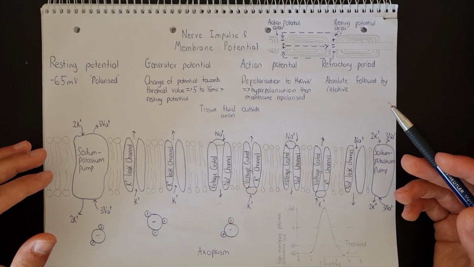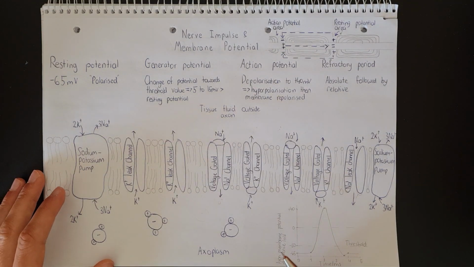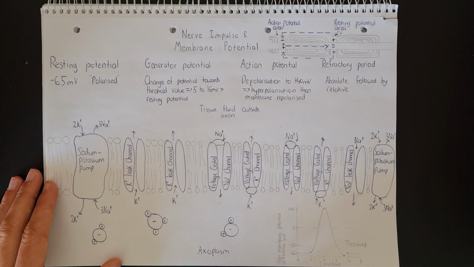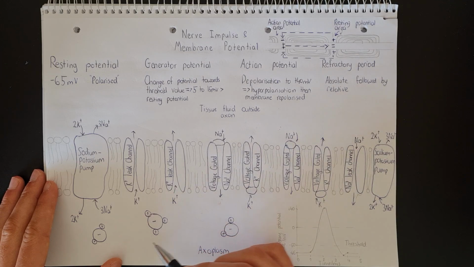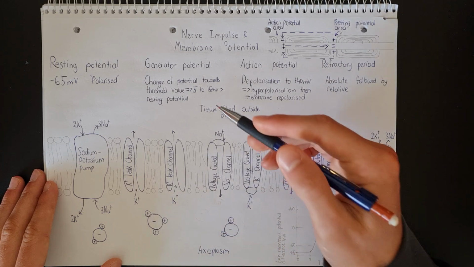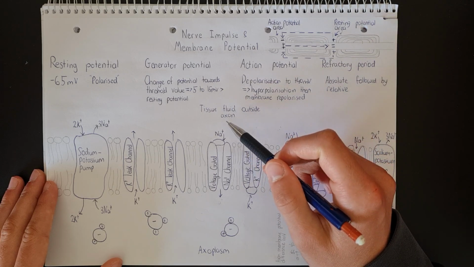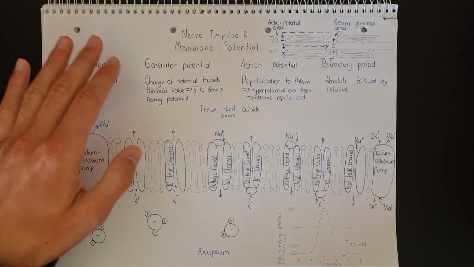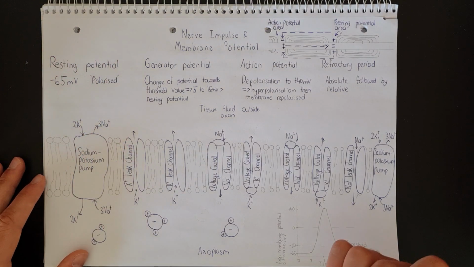We'll use the hypothetical situation where inside the axon, in the axoplasm, the cytoplasm of the axon, we have the same number of potassium and sodium ions as in the tissue fluid outside of the axon. So what's going to be happening in order to establish the resting potential is the following.